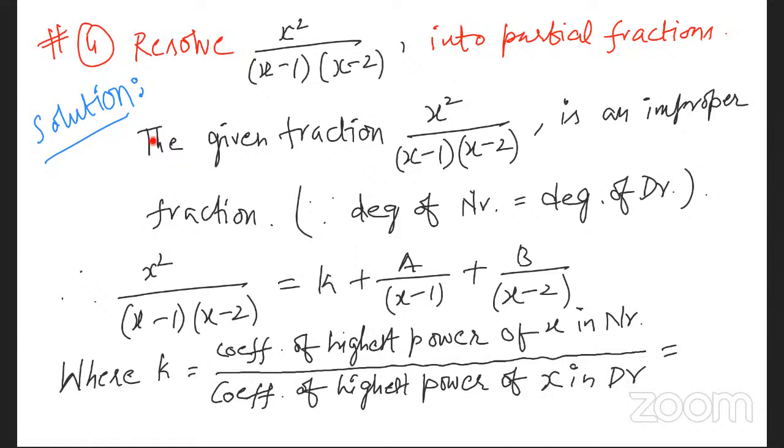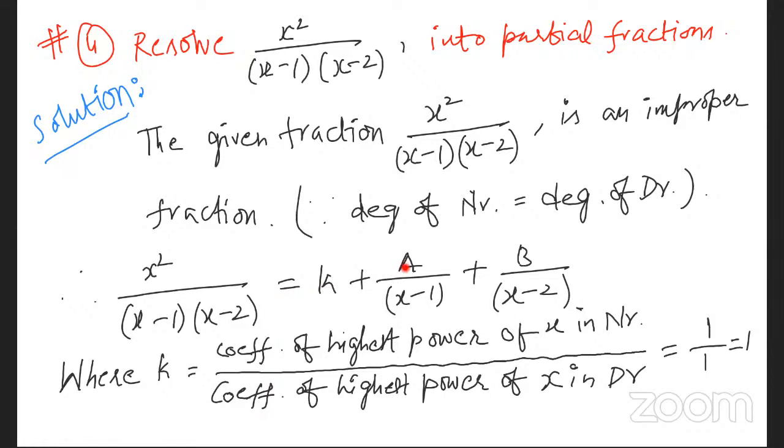So what is the coefficient for this one? It is 1. In denominator you have x square, and here also it is 1. Therefore, this is equals to 1 divided by 1. So the value of k is 1. So this expression can be written as 1 plus.